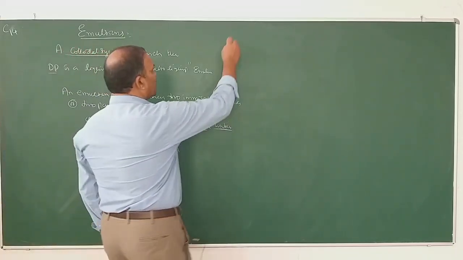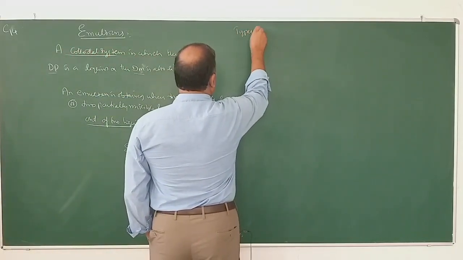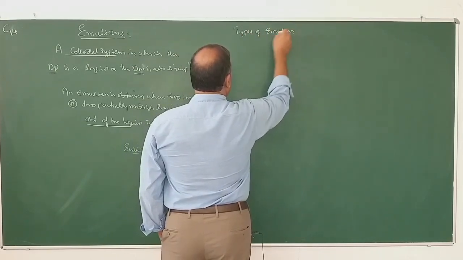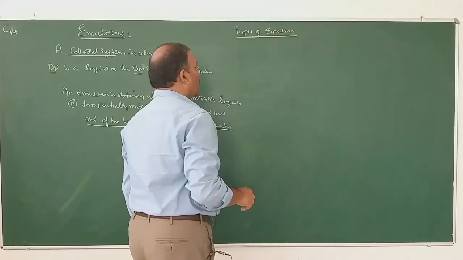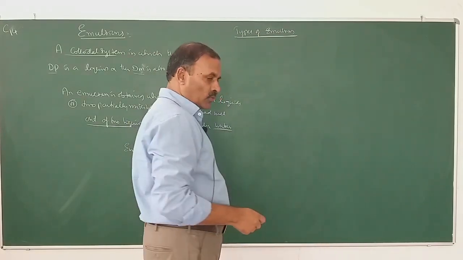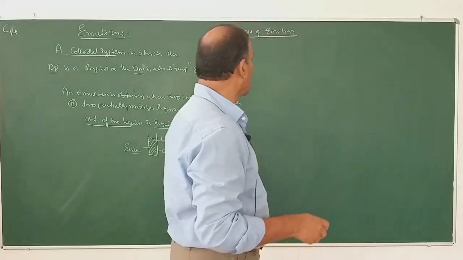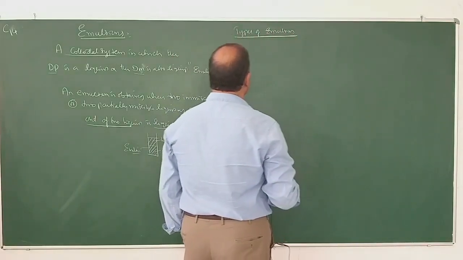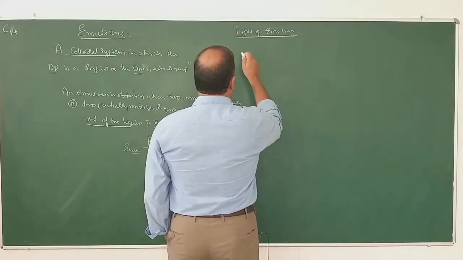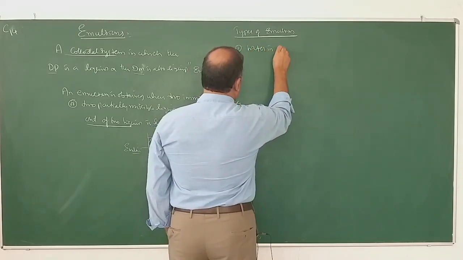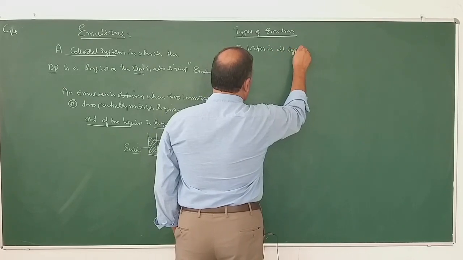So coming to the types of emulsion. As I have told you, out of two liquids, one liquid is usually water. Based on this, there are two types of emulsion. Number one, water in oil type emulsion.